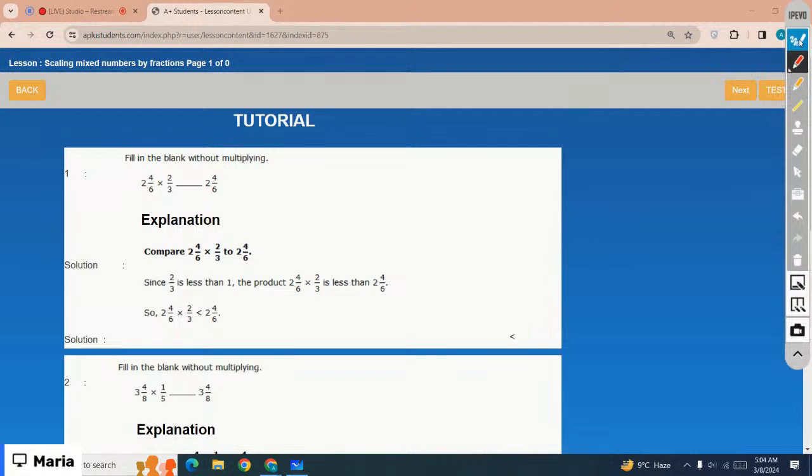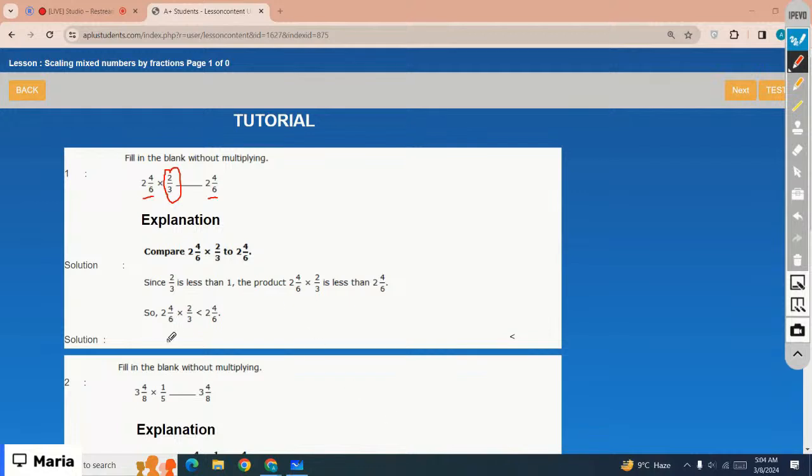Just look at this. Here you have 2 whole 4 by 6, here you have 2 whole 4 by 6, right? You have 2 by 3 here, right? 2 by 3 is less than 1. So when you multiply a number by a number that is less than 1, that makes the number less, right?